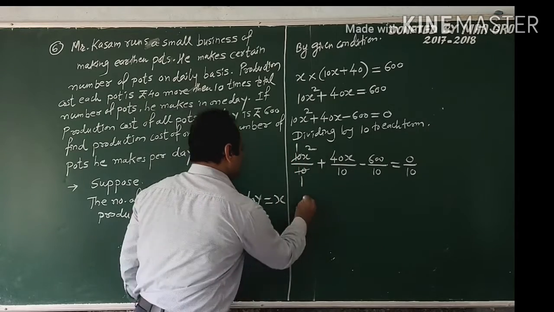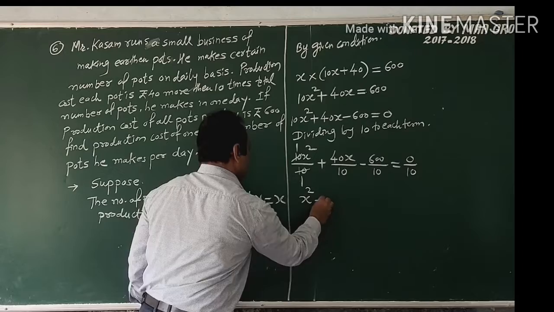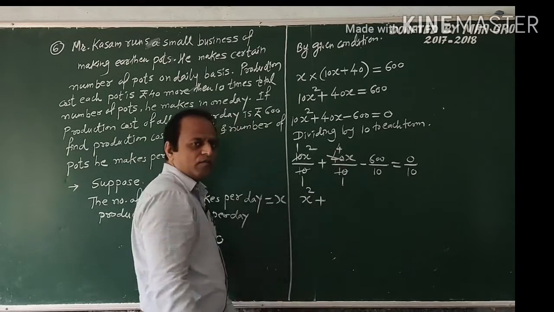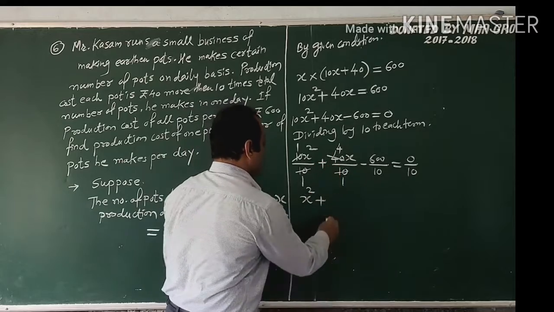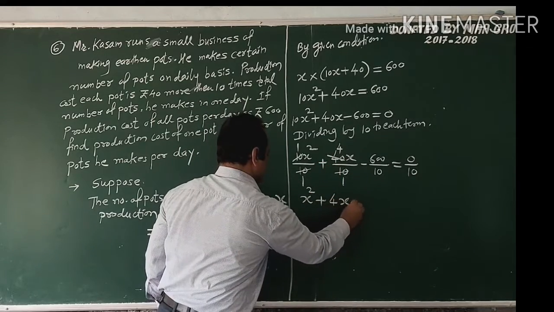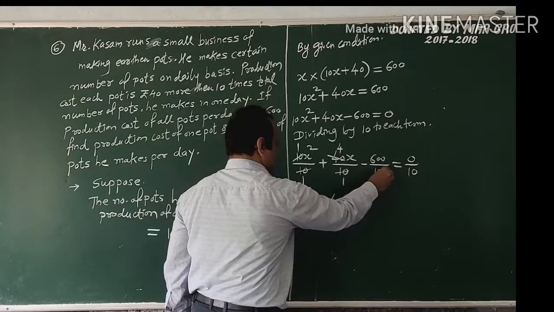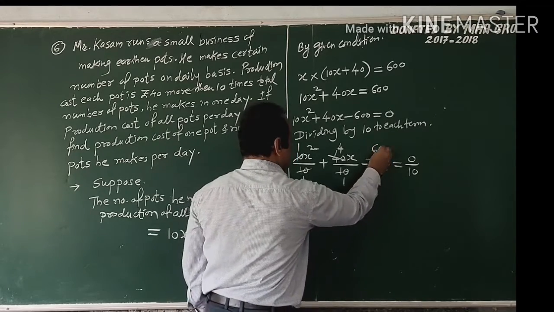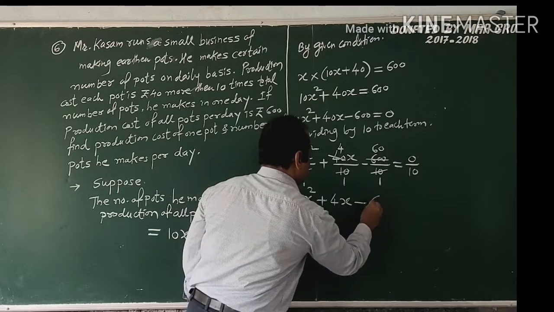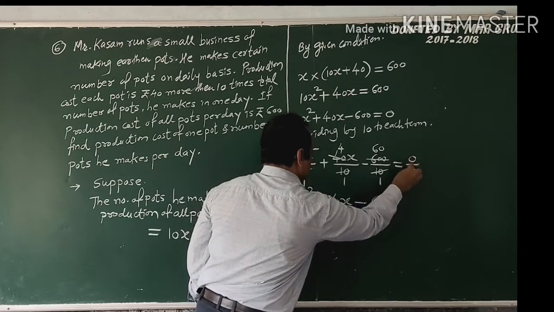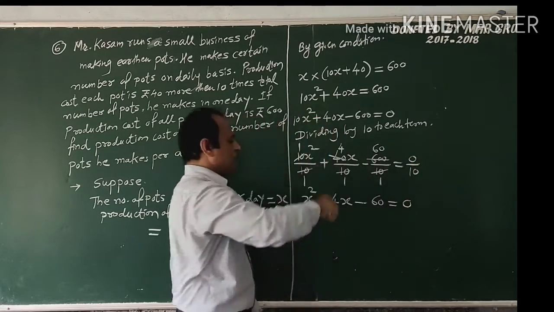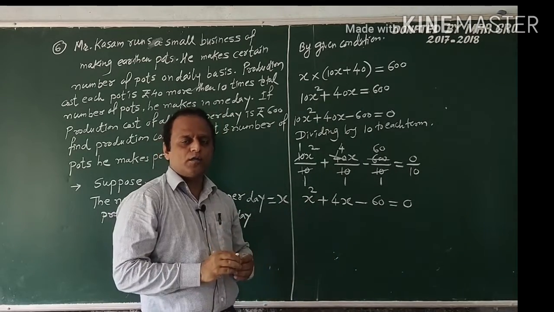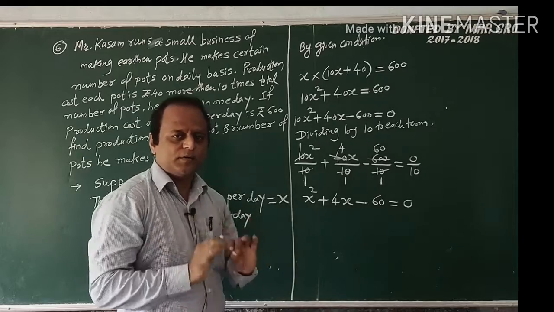Here remains x square, plus 10 fours are 40, so here remains 4x, minus 10 sixes are 60, and 0 divided by 10 is always 0. This is the quadratic equation we are going to solve by the factorization method.